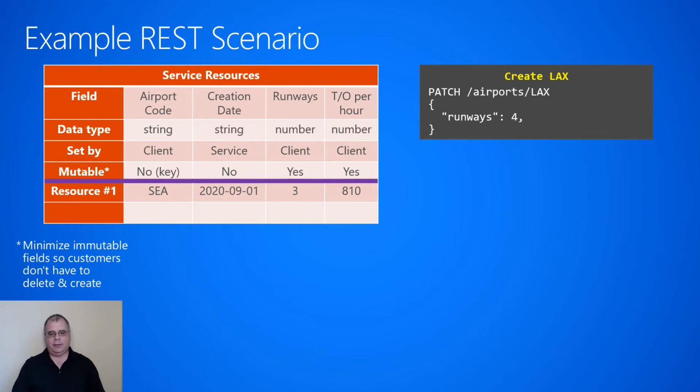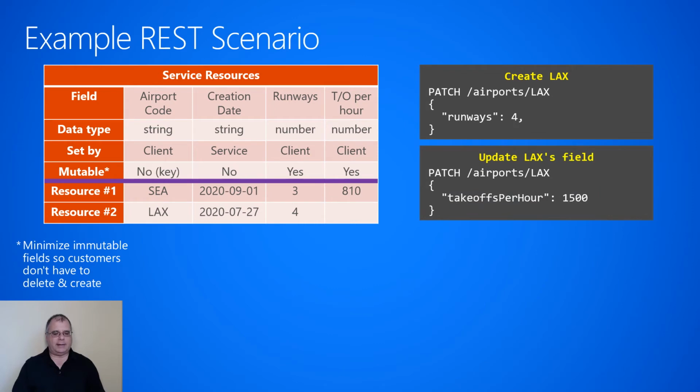And in the payload here, I'm specifying that the number of runways field is set to 4. When I execute this, over here in the table, for resource number 2, it adds LAX, it adds the creation date and time, it adds the number of runways, in this case 4, and the takeoffs per hour is left blank because I didn't actually set that here.